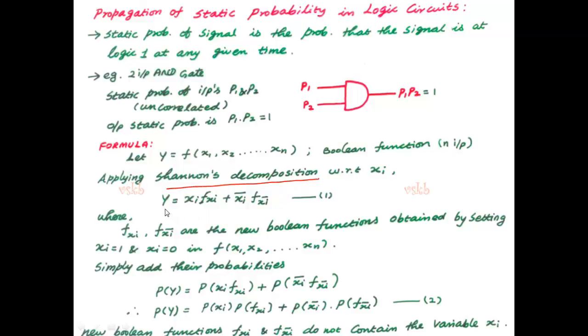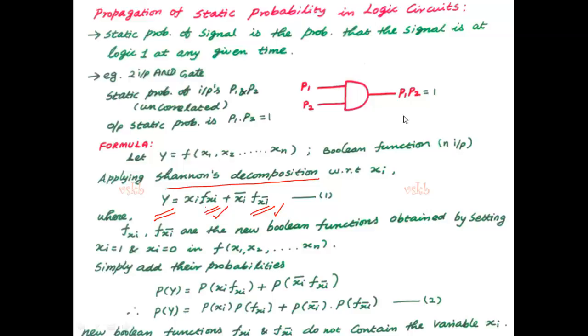The output, particularly for the input xi, would be defined by y = xi times f_xi plus xi bar times f_xi bar. That means f_xi and f_xi bar are the Boolean functions obtained by substituting your xi with a 1 here and with a 0 here.